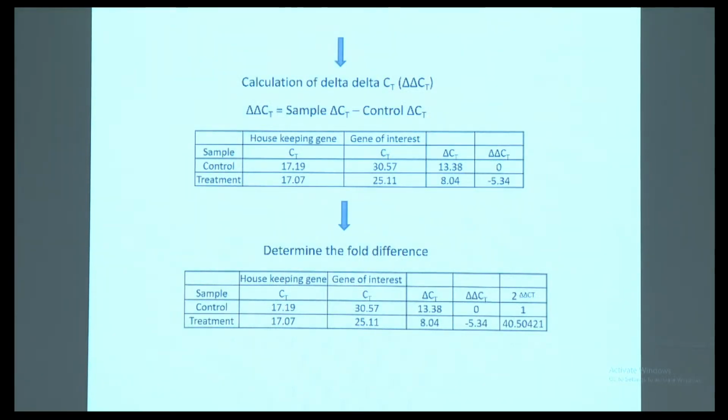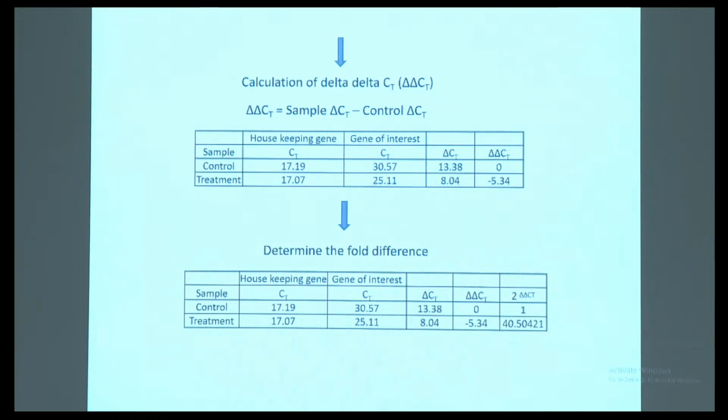After you get a delta CT, we calculate a delta delta CT value, which is the sample delta CT minus the control delta CT, and to know the fold difference of these gene expressions you raise 2 की power minus delta delta CT. So you get how much fold difference is there.